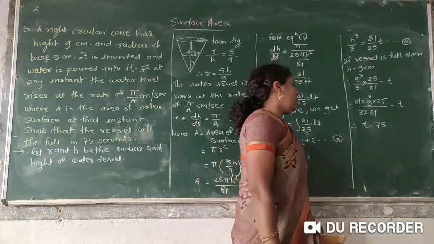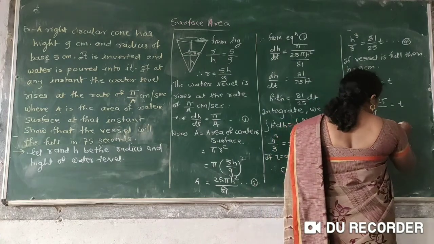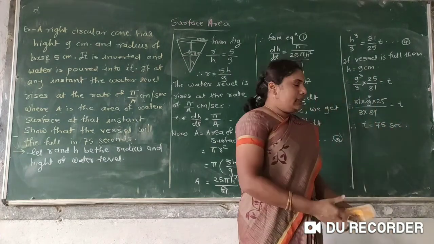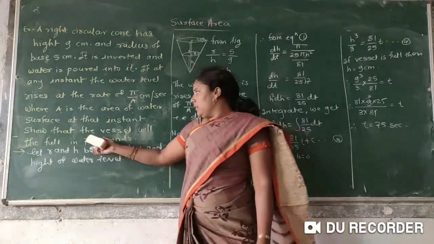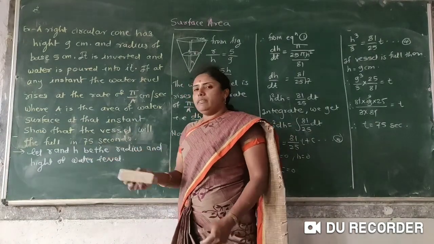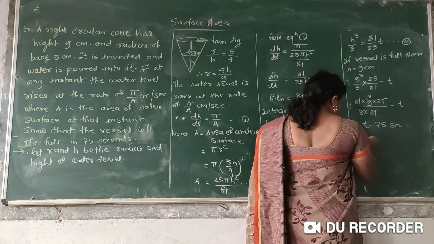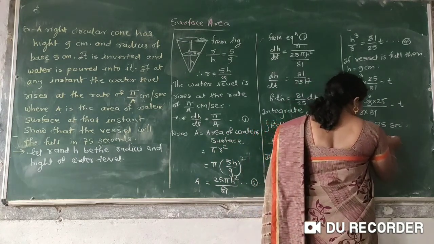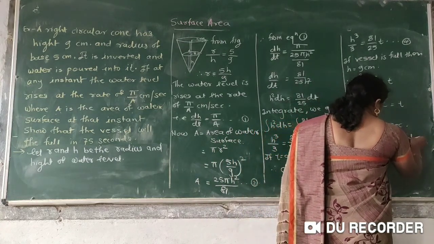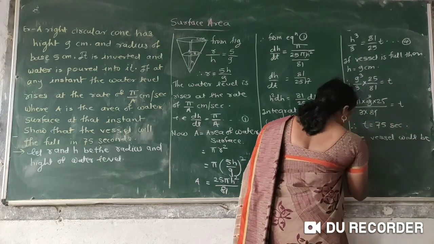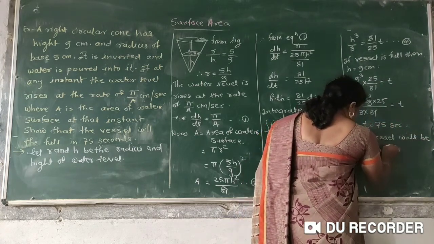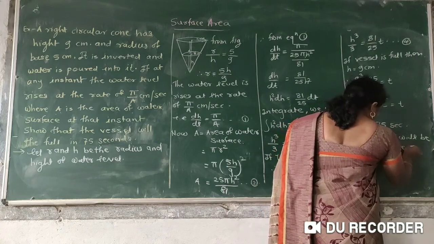T is the time, therefore its unit is second. That is, the vessel will be full in 75 seconds.